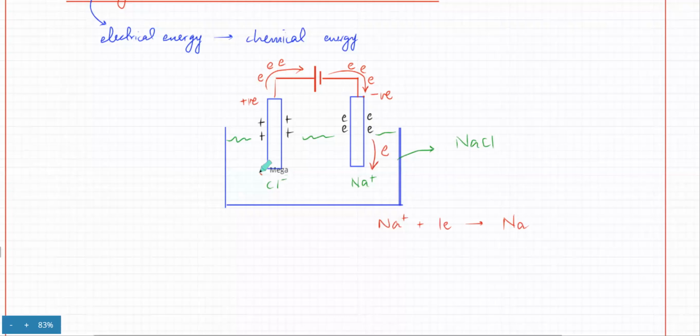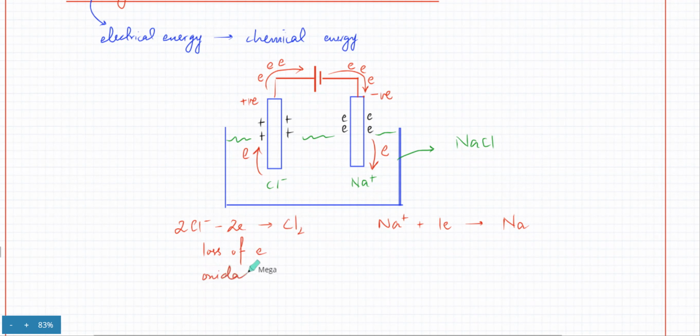The battery is pulling electrons. So who's going to lose electrons? It's going to be Cl minus one that would end up losing electrons, and Cl is a diatomic molecule, so it would be 2Cl minus one losing two electrons to form Cl2. So a loss of electrons, or in other words, oxidation would happen at the anode.